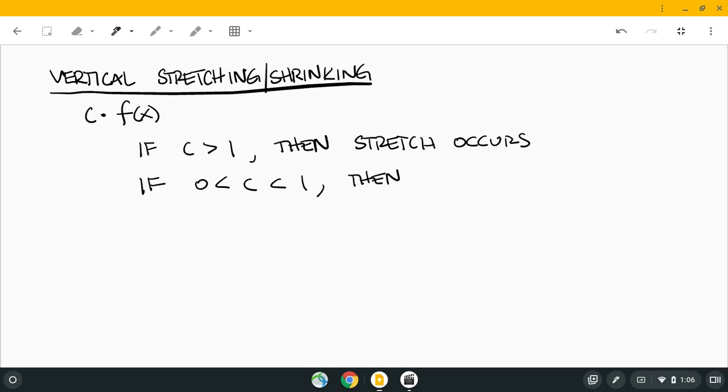So if you have all these original y values of your parent function, and now you multiply them by 1/2, so now you're taking only half of their value. So now they all get smaller. Okay, so then a shrink occurs.